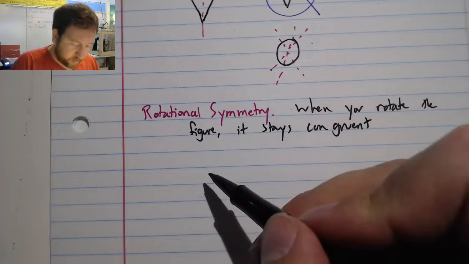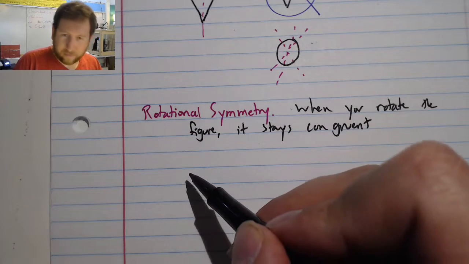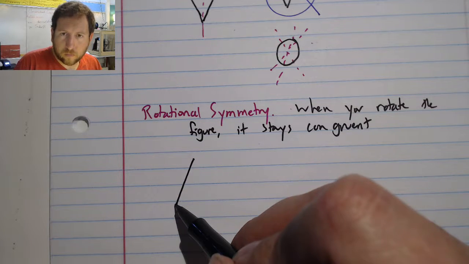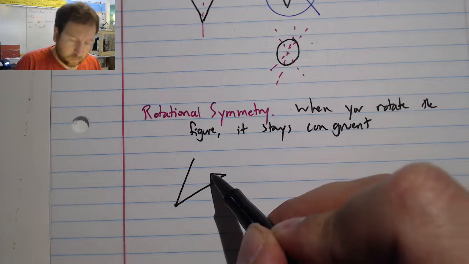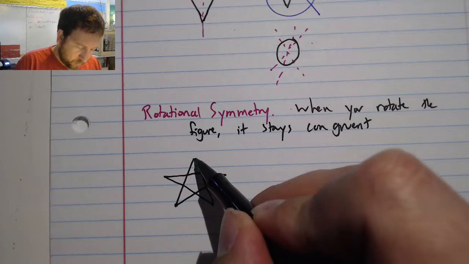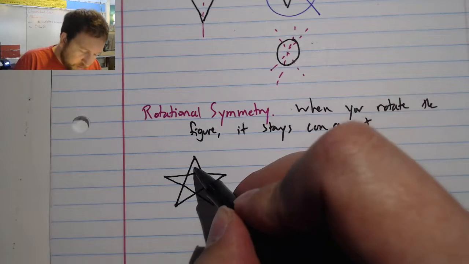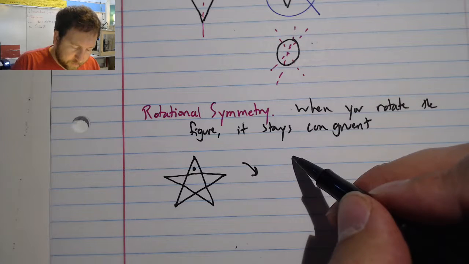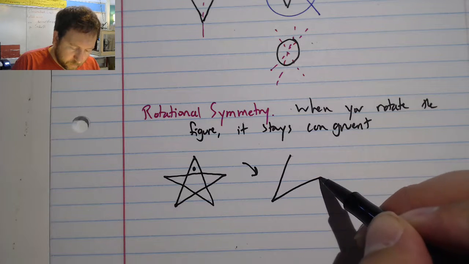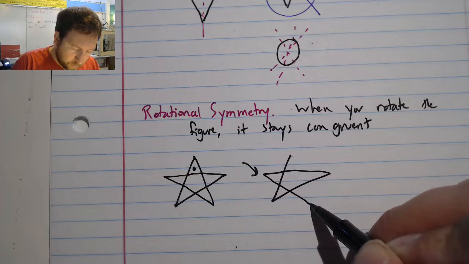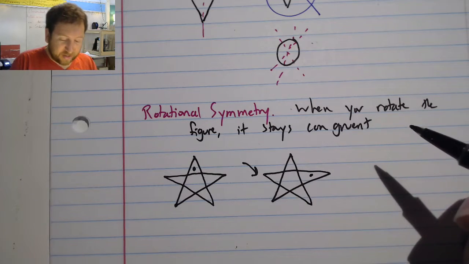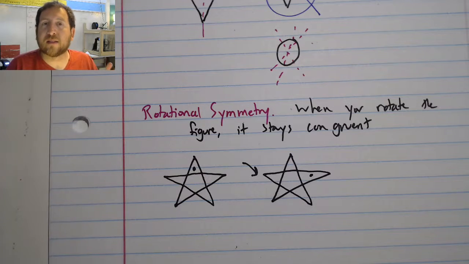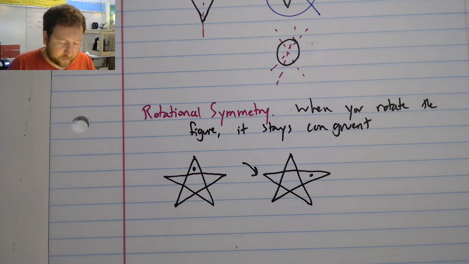I'm going to be terrible at drawing it though. I'll try it. This shape, if I were to put a dot on this side, and I were to rotate it into the next spot, I could mark it here, and I can see that if I twist it, it still has the same shape. So this shape does have rotational symmetry.